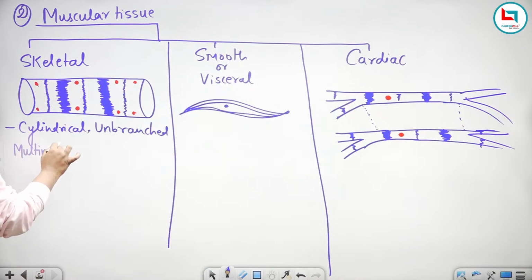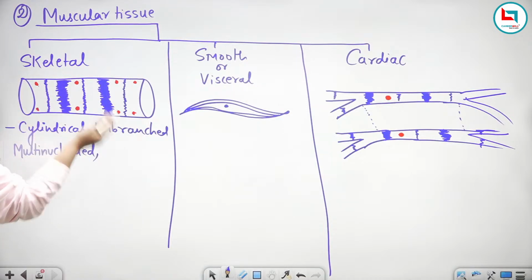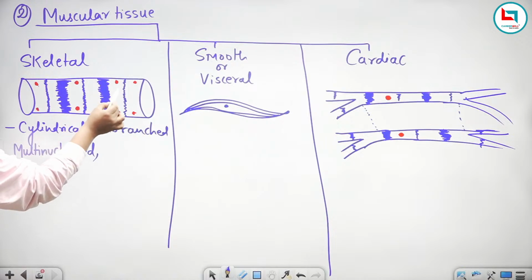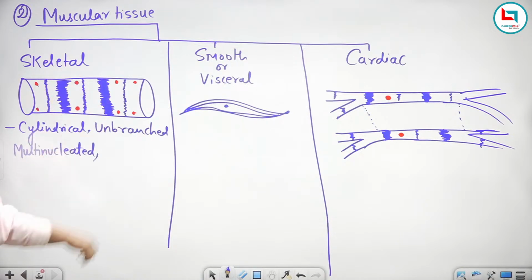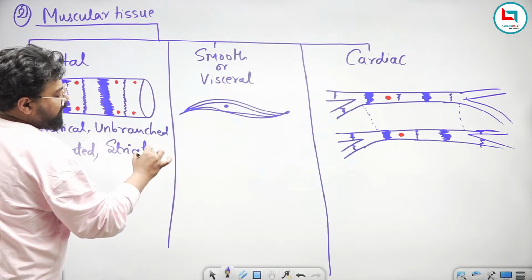Fourth thing is after staining, we observe a light, dark, light, dark banding pattern, and these bands are known as striations. So we call them striated muscles.